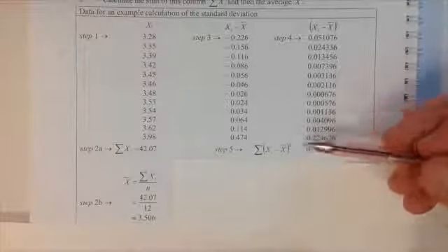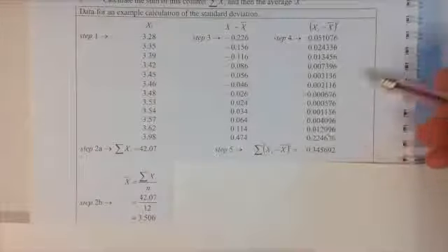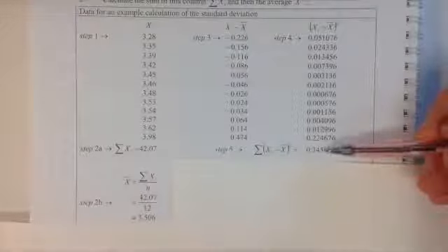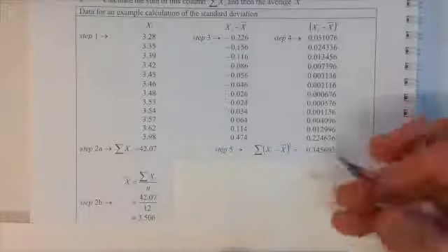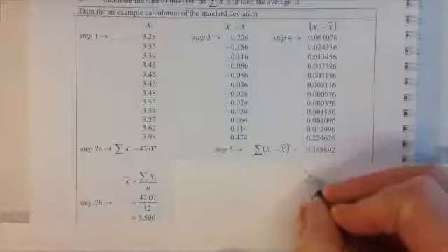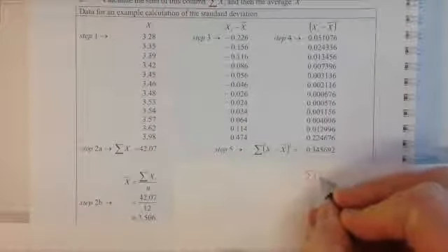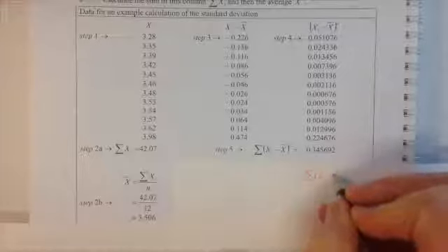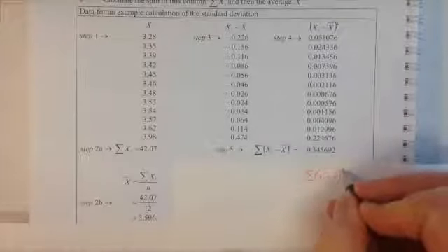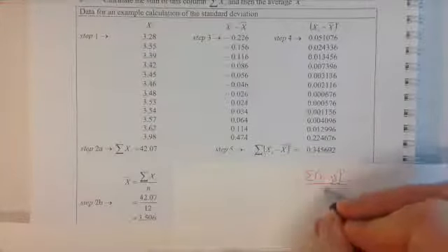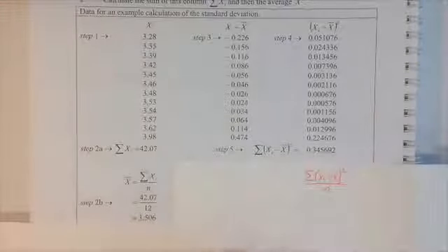That is the sum of the squares of the deviations from the mean. It's just the sum of that column of numbers. Let's work out the average of that value. Now the average of that value would be sigma of xi minus x bar all squared, over n.